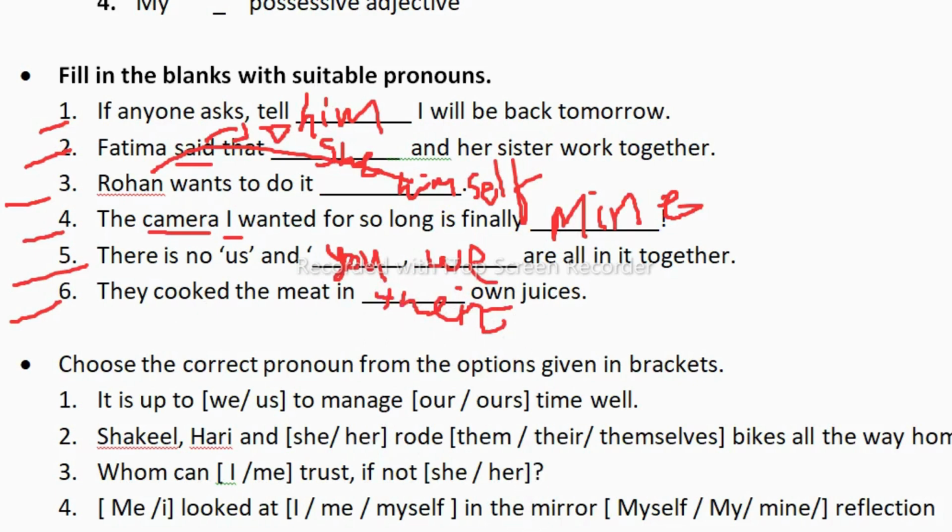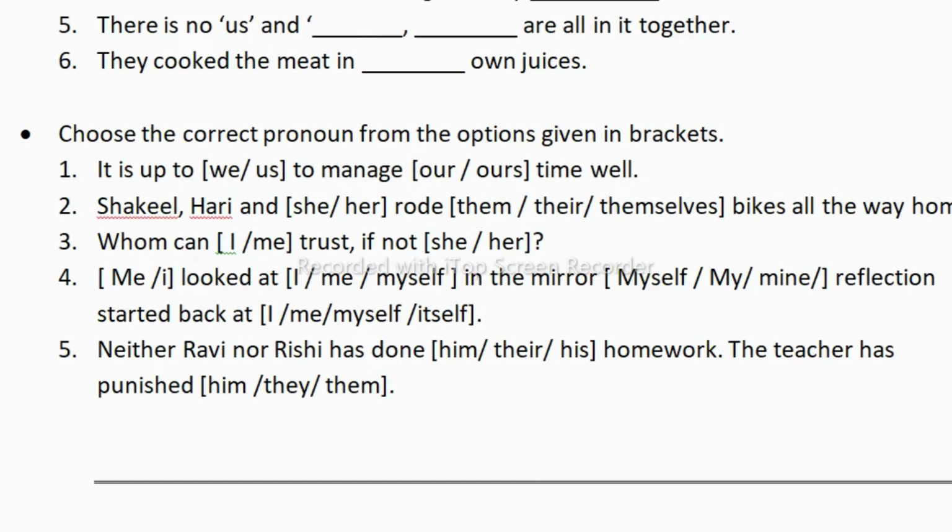Now let's move to the next exercise. This is the last exercise of this pronoun topic. Here you have to choose the correct pronoun from the options given in the brackets. Now let's start. The first one is: it is up to dash to manage dash time well. So it is up to we or us.